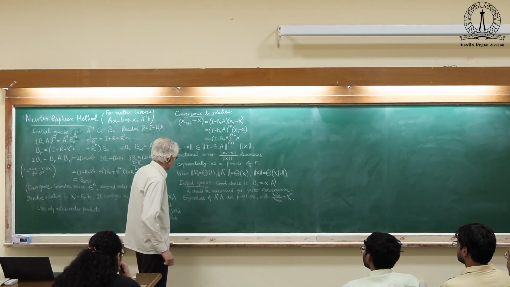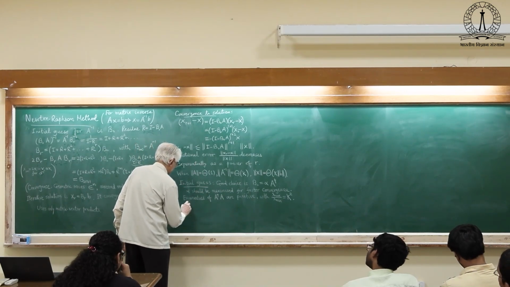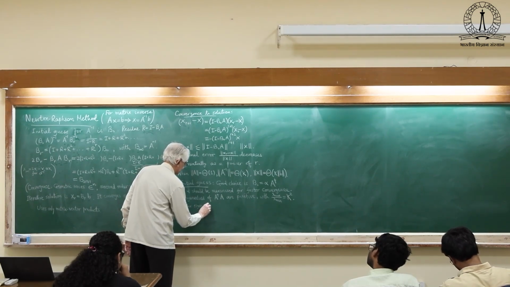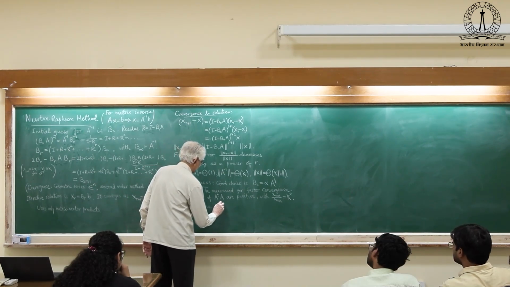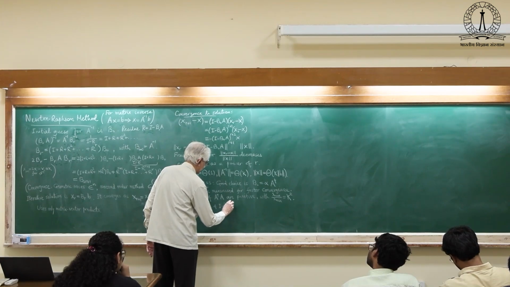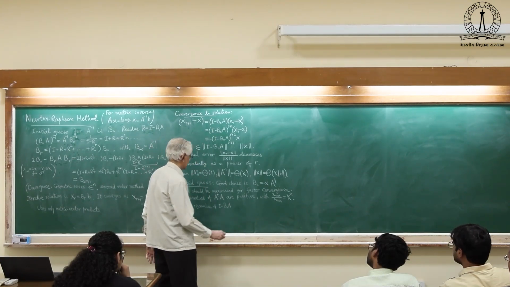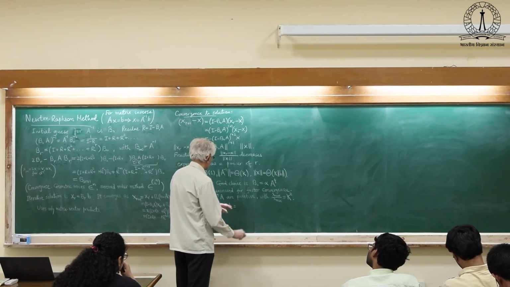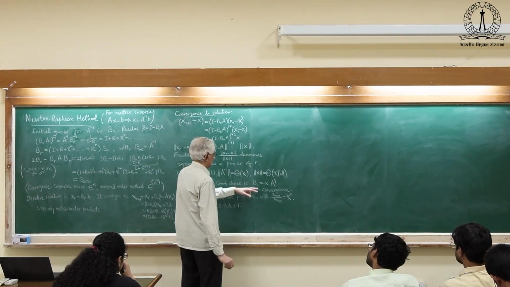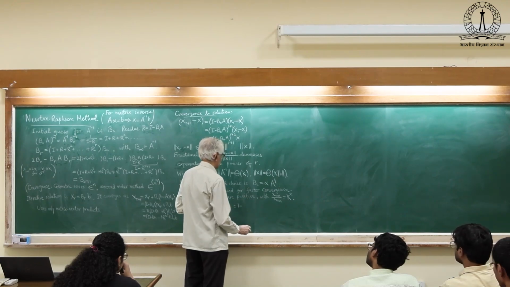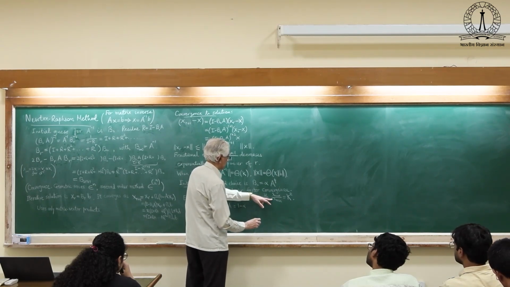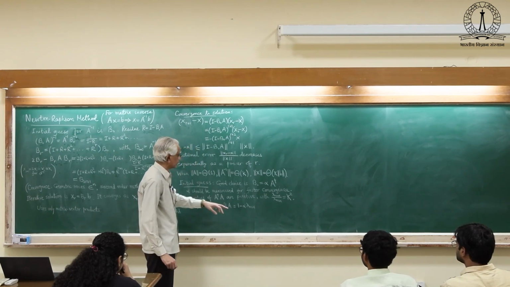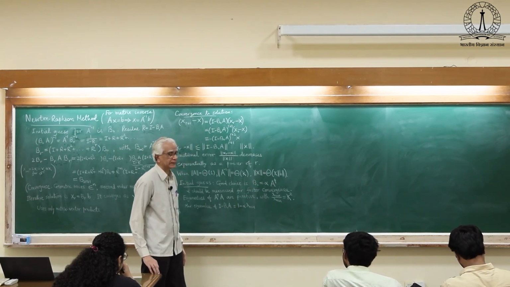So the max of I minus B0A will be one minus, I took alpha and lambda min. This is the largest value for running over the whole range.